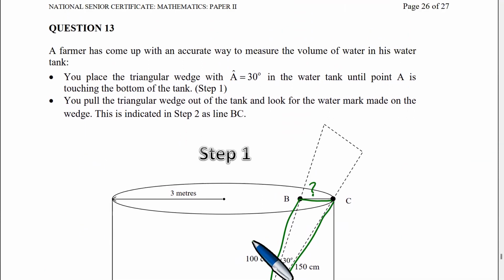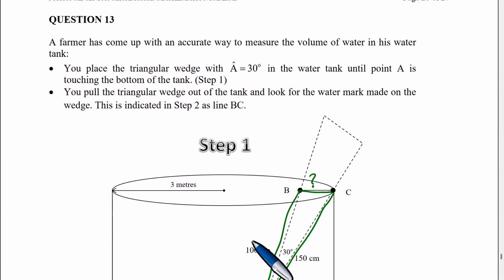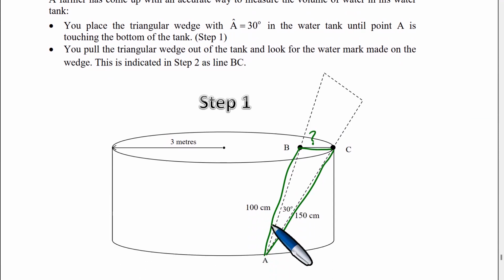So you have question 13, IEB exam, paper 2, November 2015. You put the wedge there and realize it makes an angle of 30 degrees, but this is 100 centimeters or 150. Obviously the examiner wanted to just ask you to find the height of the water.